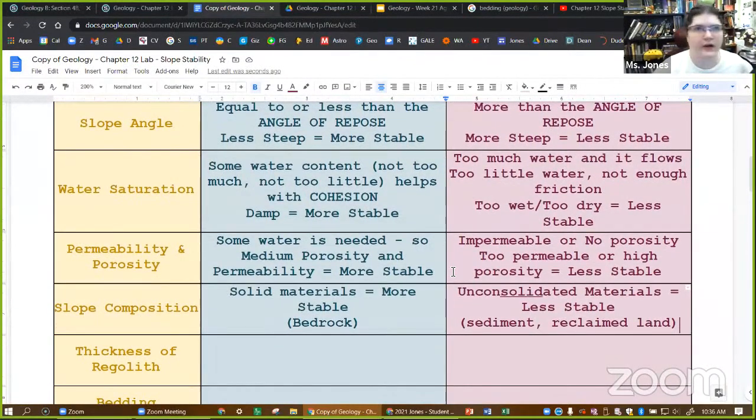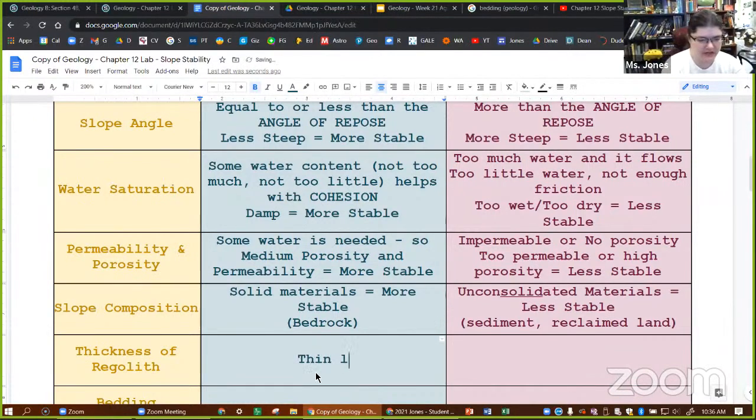Thickness of regolith. This is above the bedrock. You're going to have at least some dirt and materials below the soil. If that's on a slope, the thicker that is, the more water it can hold, the heavier it can get, and the more likely it is to slide. If you have bedrock, bedrock, bedrock, and then a nice thin layer of regolith, it's less likely to fail.